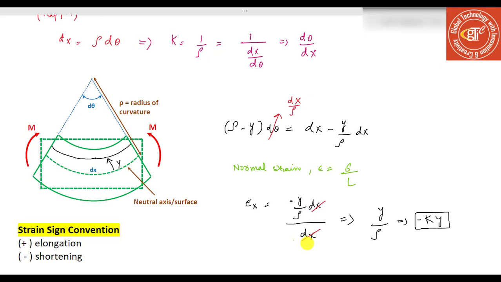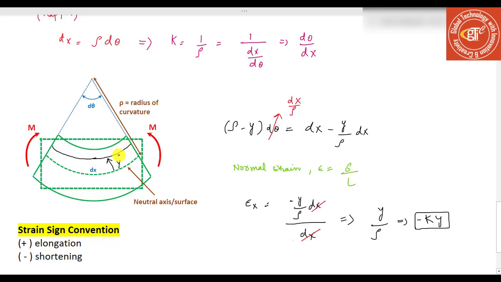And now I want to look at an axis a little above the neutral surface. It's up a distance y, and again by arc length the radius is rho, the radius of curvature, minus y, so that rho minus y times d theta gives us the length of that black line.